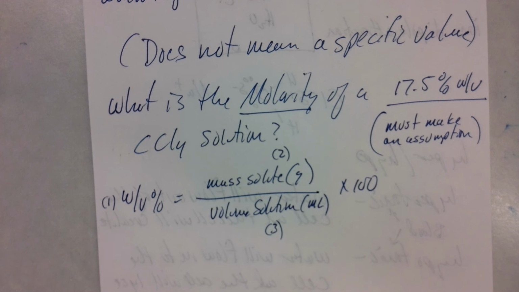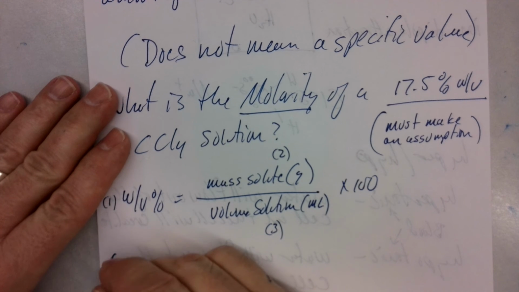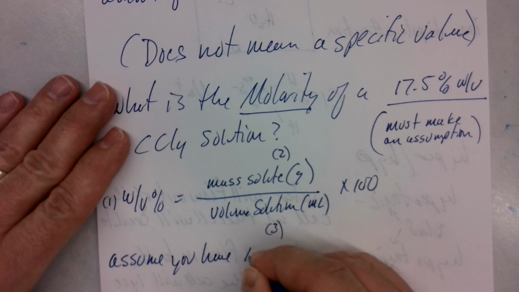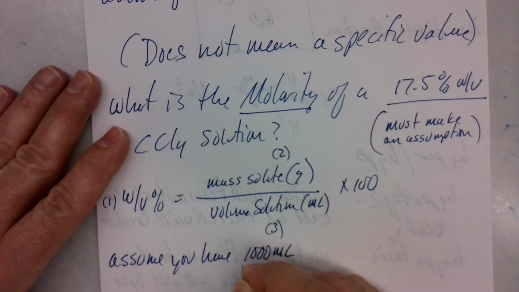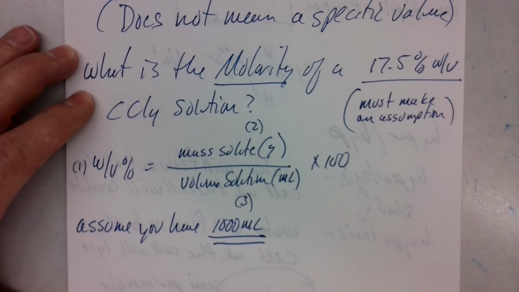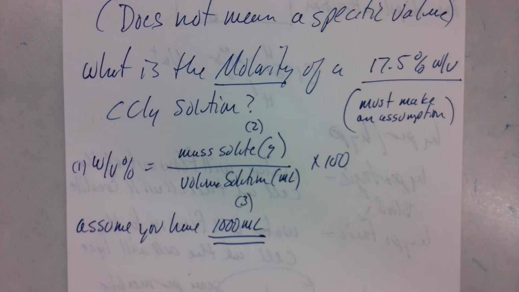Anytime you run into a problem like this that is missing that value, you assume you have 1,000 milliliters. Anybody know why I want to assume that?